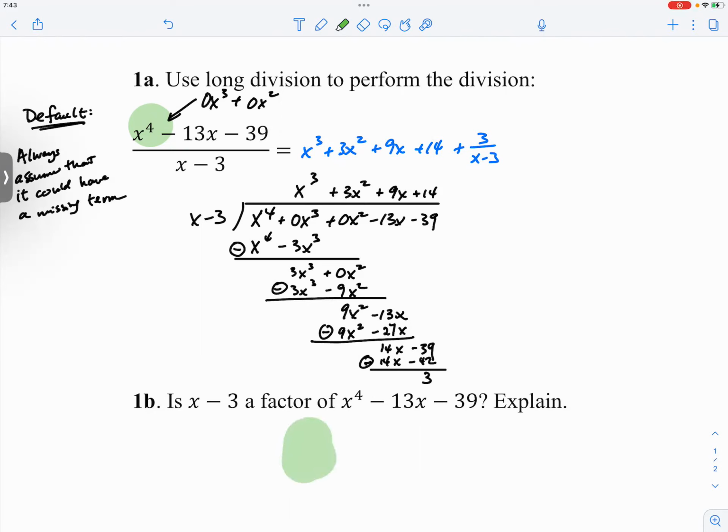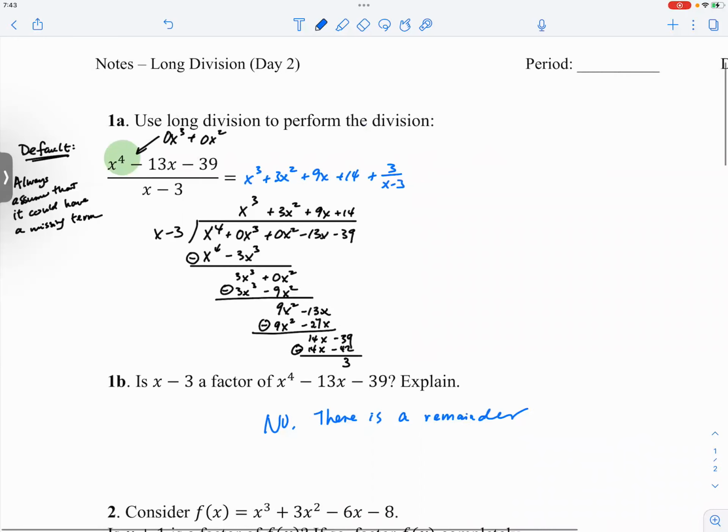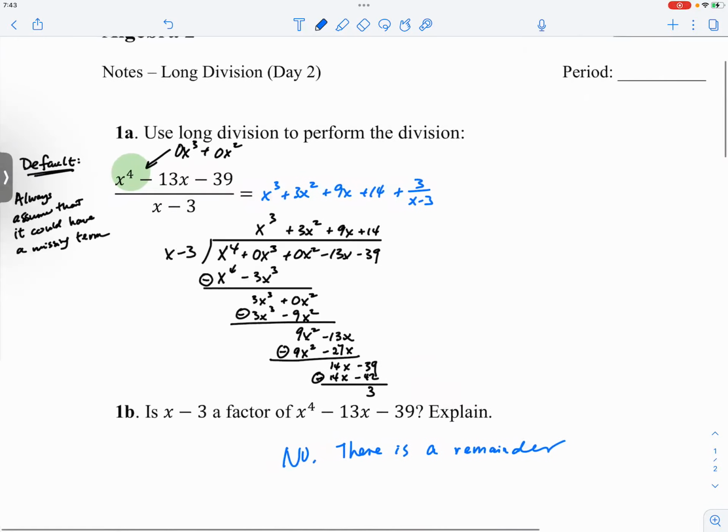There's a remainder, right? So we say no because there is a remainder. If it's a factor, there shouldn't be a remainder. Because there's a remainder, it would not be a factor.